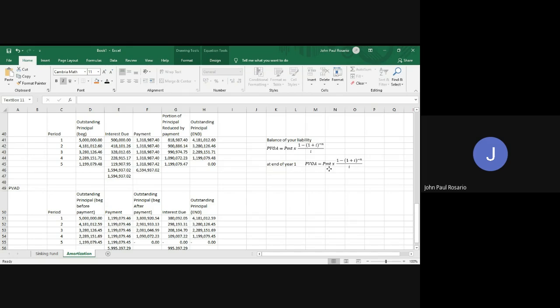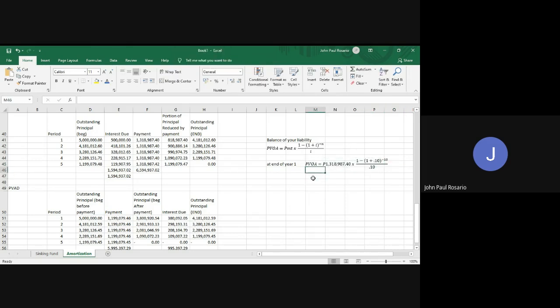So in this case, for year one, our payment is 1,318,987.40, and then you multiply that by our i is 0.10, our n is how much? So what is its value?